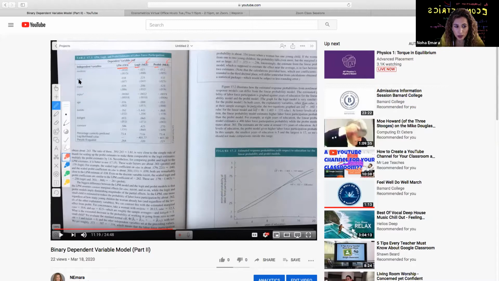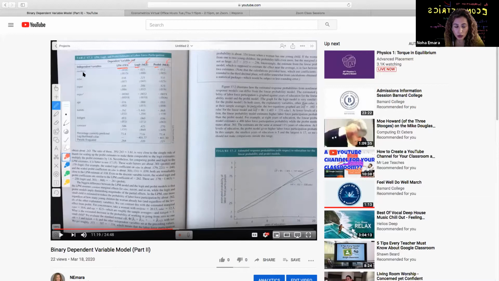I cannot say education increases the probability of joining the labor force by 22.1%. I can never do that with a logit, and I can never do that with a probit, because all these numbers are inside a function, inside a bracket, right? So you cannot just take these numbers and interpret them.